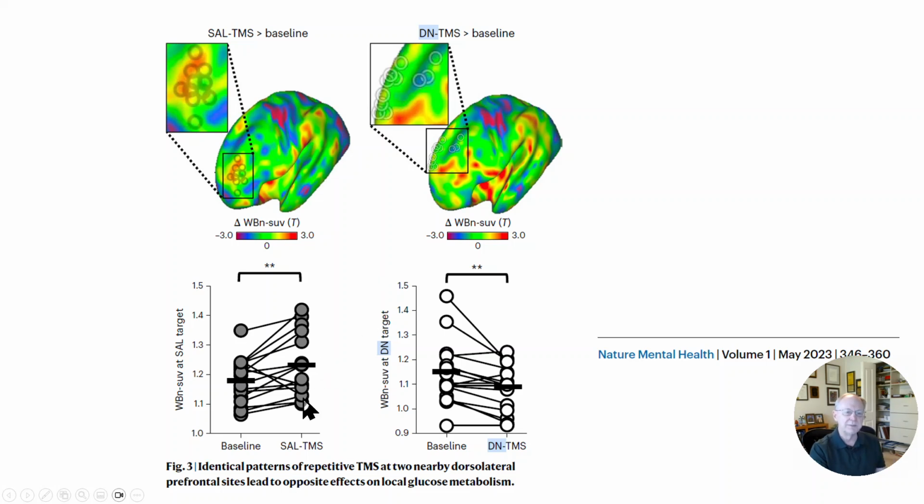So here in these people with depression, what you're looking at is that the connections within the salience network are increased, but the connections within the default mode network are decreased.